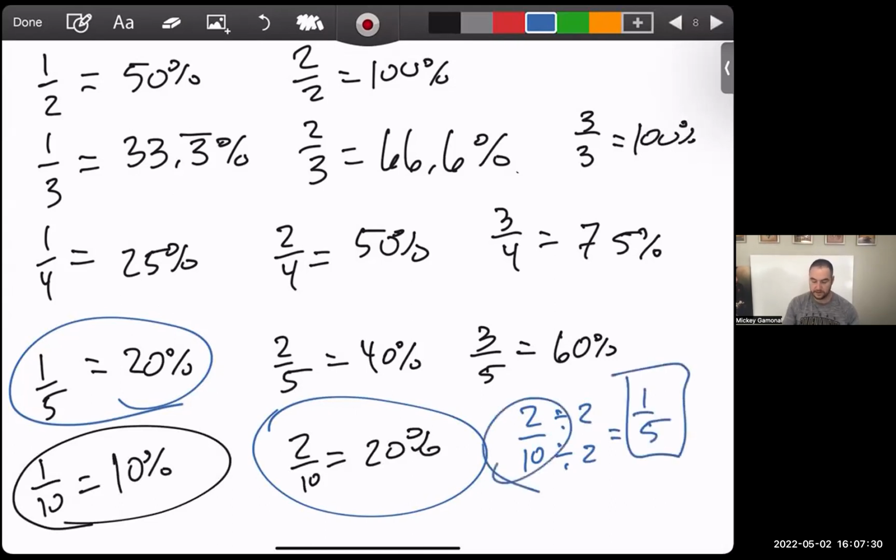And so 1/5 is exactly equal to 2/10. Both of them are 20%, and both of them are 0.2. It's the same idea, 20%, 0.2, 1/5, they all mean the same exact thing.